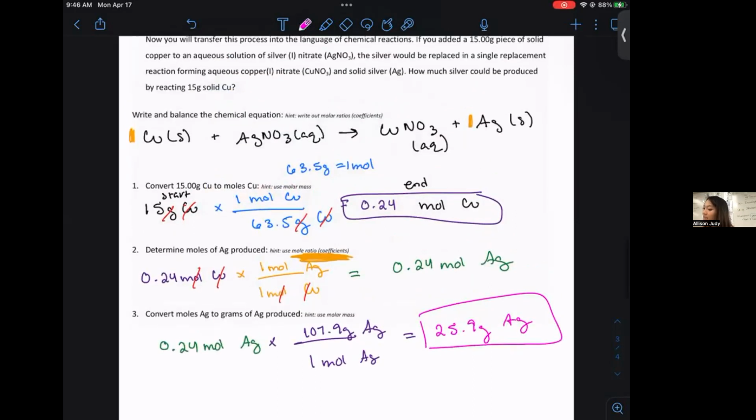So what we say is, from 15 grams of solid copper, I get 25.9 grams of silver, according to the chemical reaction I'm doing, according to the ratio of how much I start with and how much I end with, using my molar mass and my molar ratios.